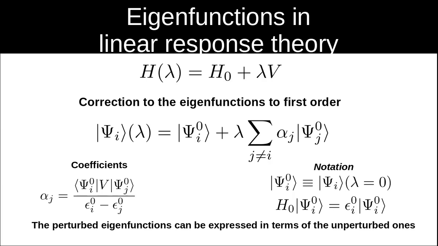And for most of the formulations of linear response theory, you essentially get that there's a term in the expansion that looks like this, and it comes, of course, from the expansion of your coefficients. So the bottom line is that using this, let's say, low coupling expansion, we are capable of expressing the perturbed eigenfunction of a Hamiltonian as a function of the unperturbed wave functions of the Hamiltonian.